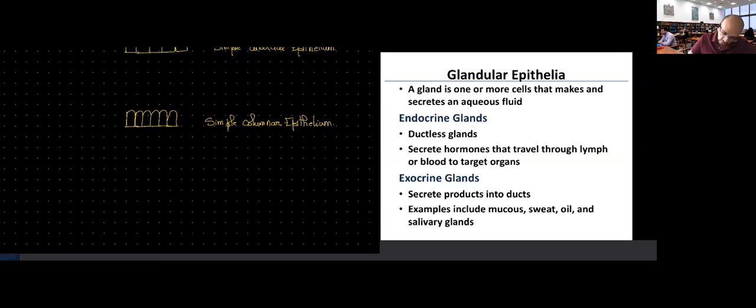We had simple columnar, which cells had hair-like projections coming out of their apical surface. We called this a ciliated simple columnar epithelium.